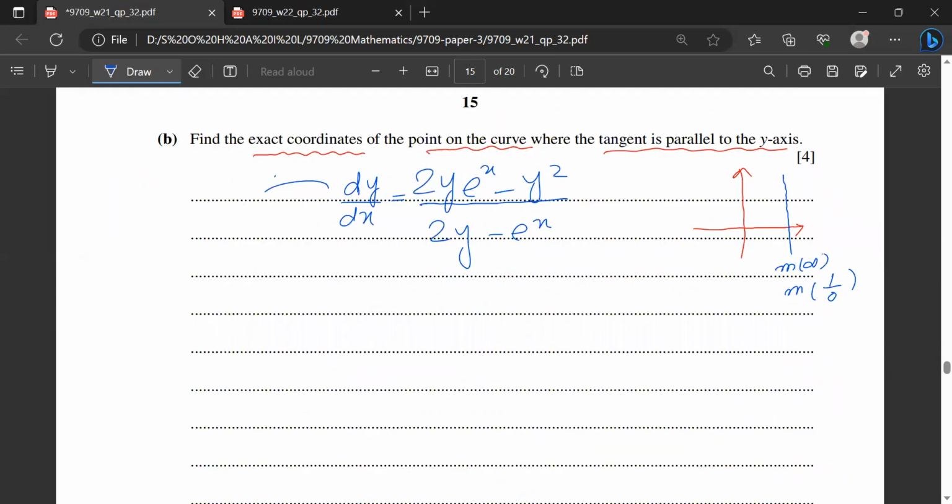So we know that dy by dx gives you the gradient of the curve or gradient of the tangent. This is the expression, the gradient function, for the gradient of the tangent or the gradient of the curve at a point.